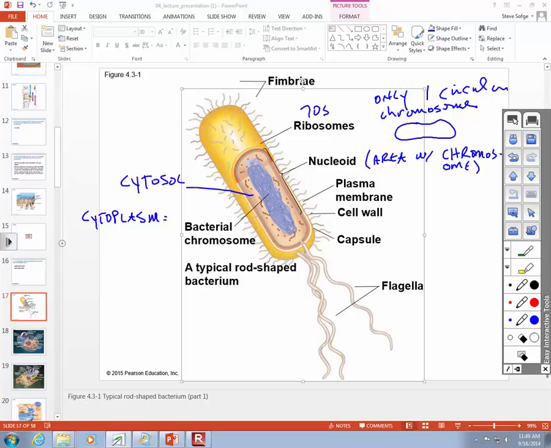So cytoplasm is cytosol plus organelle. Cytoplasm includes whatever is floating around in it, and that would be an organelle. The genetic material is not an organelle. Although, if it's got a membrane around it, you call it a nucleus, then it's an organelle. Again, go figure.